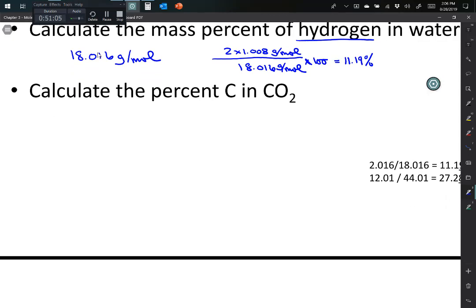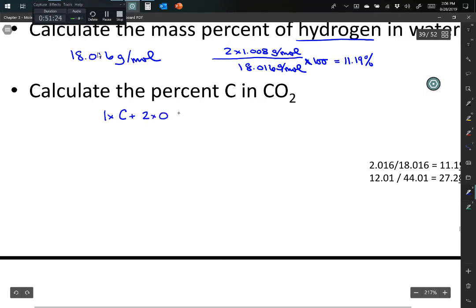Okay, so now here's carbon dioxide. We're going to calculate the mass percent of carbon in carbon dioxide. So we need to calculate the whole, that's the CO2. We have 1 times the carbon plus 2 times the oxygen.